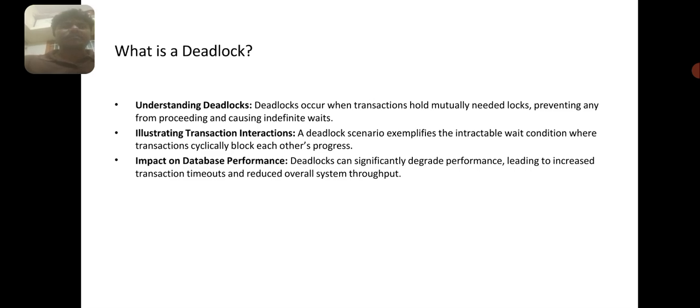Next, what is a deadlock? Understanding deadlock: a deadlock occurs when transactions mutually need locks held by each other, preventing any from proceeding and causing an indefinite wait. This illustrates the transaction interaction scenario, exemplifying the unresolvable wait condition where transactions cyclically block each other's progress.